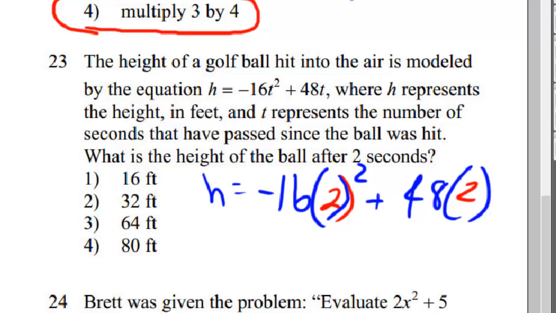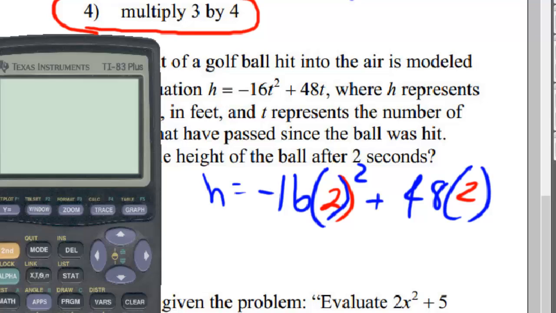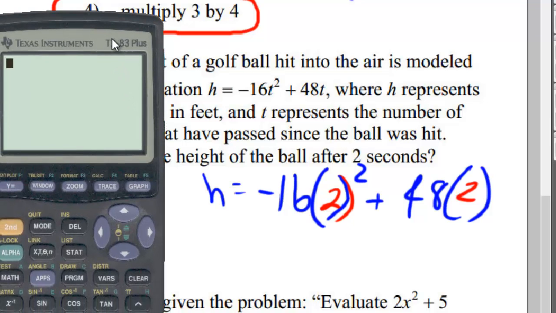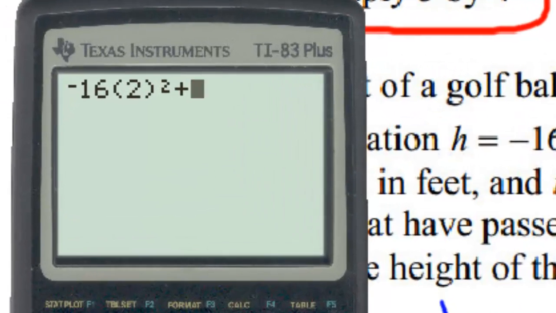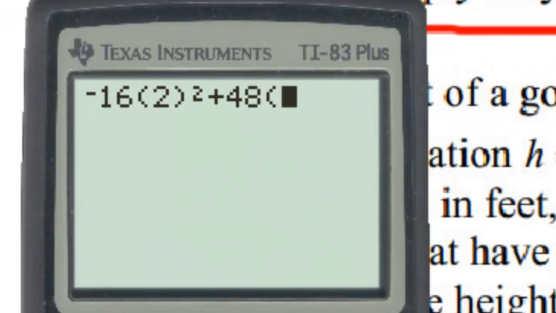Let's open up our calculator, and we'll find out what the height is in just a minute. So we're going to do negative 16 open parentheses 2 close parentheses squared plus 48 open parentheses 2 close parentheses.